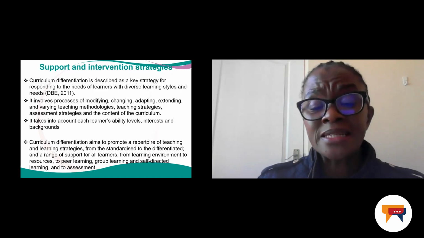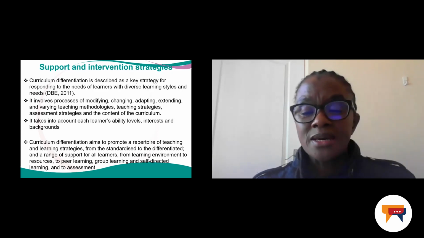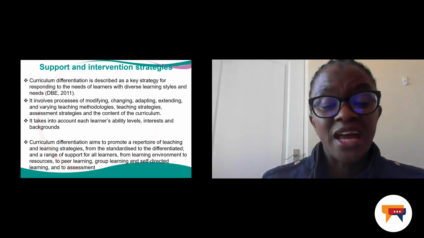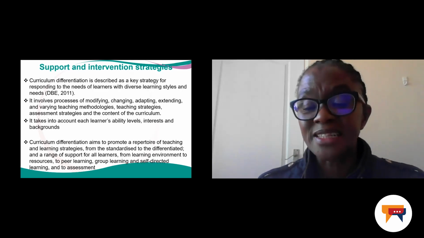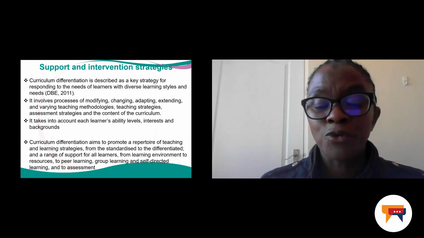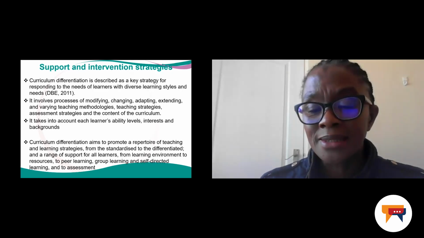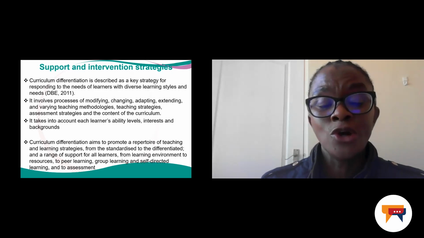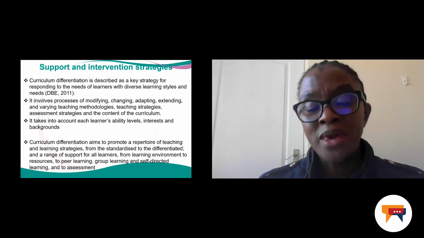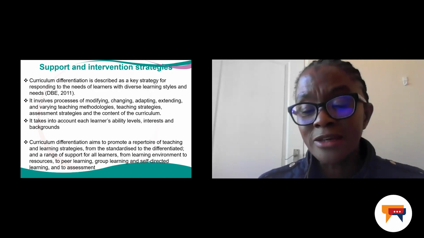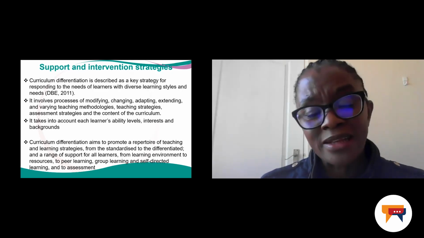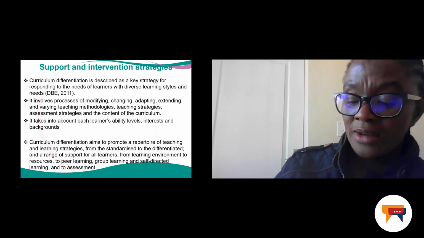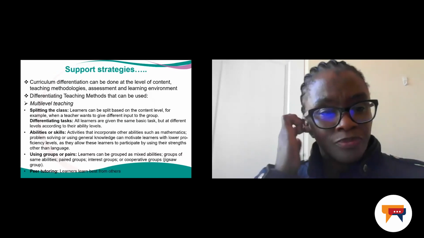Curriculum differentiation aims to promote a repertoire of teaching and learning strategies from the standardized to the differentiated, and a range of support for all learners, from learning environment to resources, from peer learning, group learning, and self-directed learning, and also to assessment.